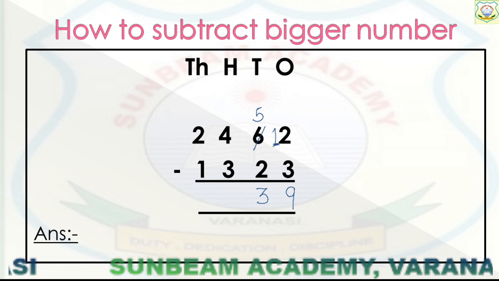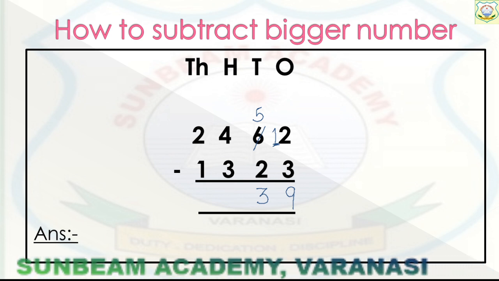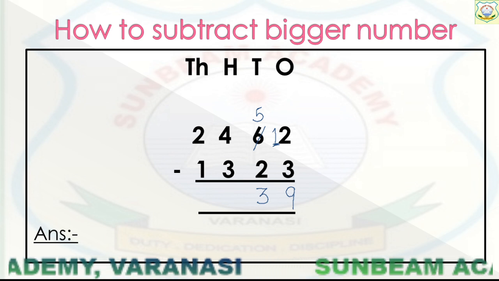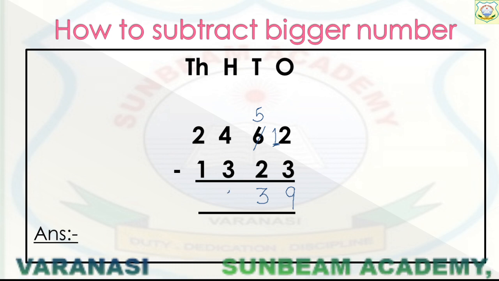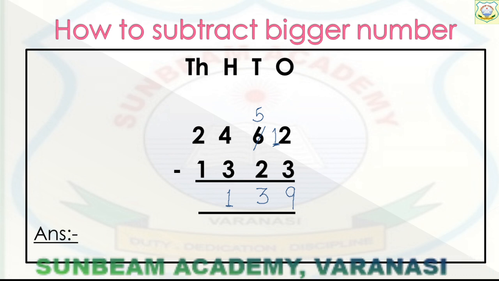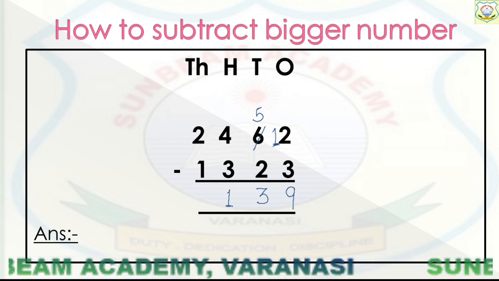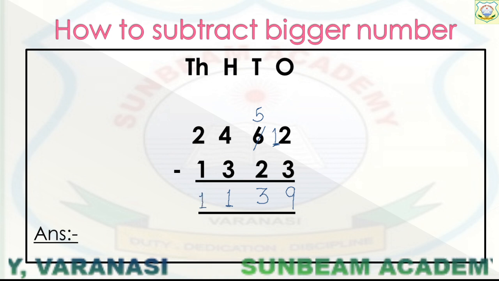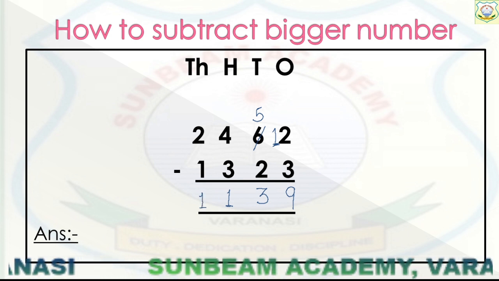Then 4 minus 3. So we have to subtract 3 from 4. So now what will we get? 1. Now subtract 1 from 2. We will get 1.